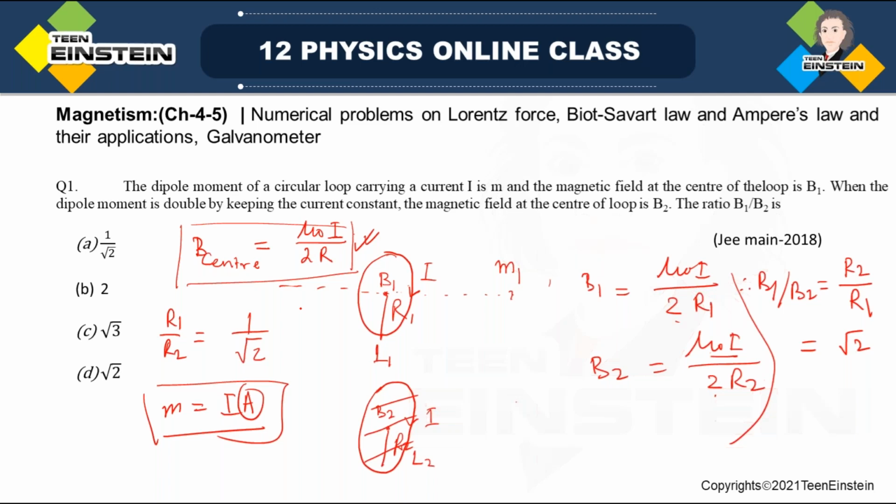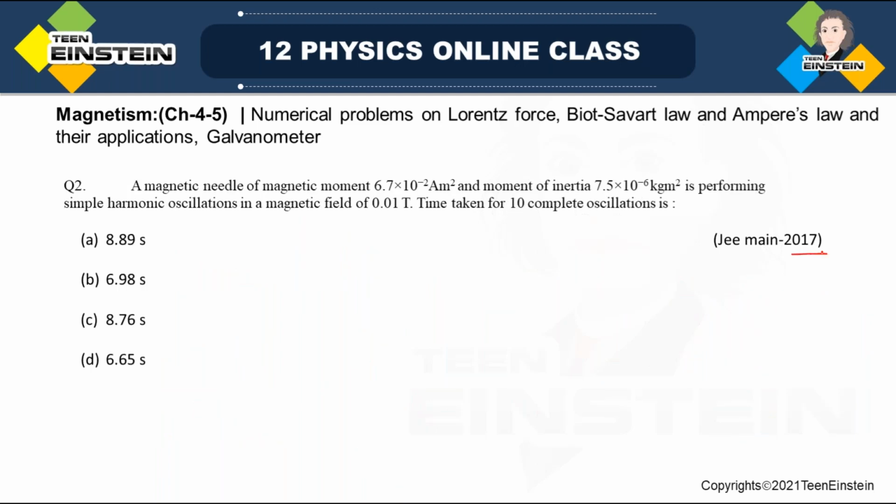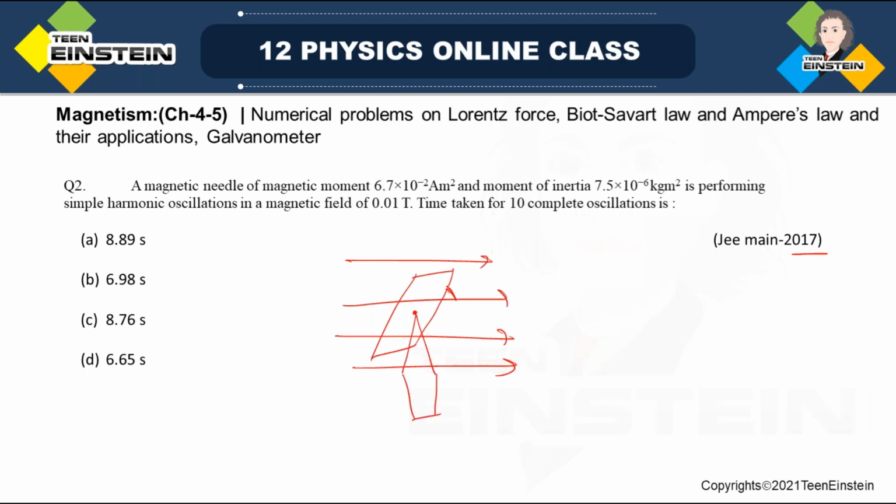A magnetic needle: we know that if you keep a magnetic needle in a uniform magnetic field and give it a little bit of angular displacement, with N and S poles and this being the direction of the magnetic field, it will experience a torque similar to that of an electric dipole.